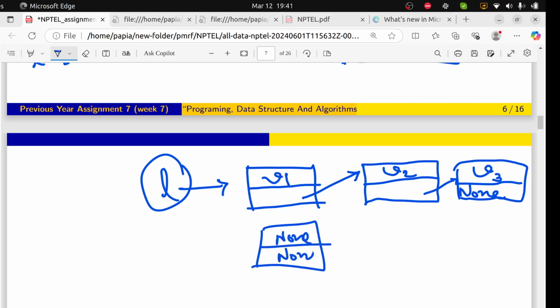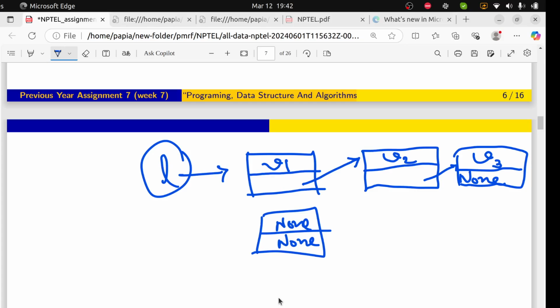Sir was telling that whenever the pointer finds none, the program will stop and say that our list is already full.